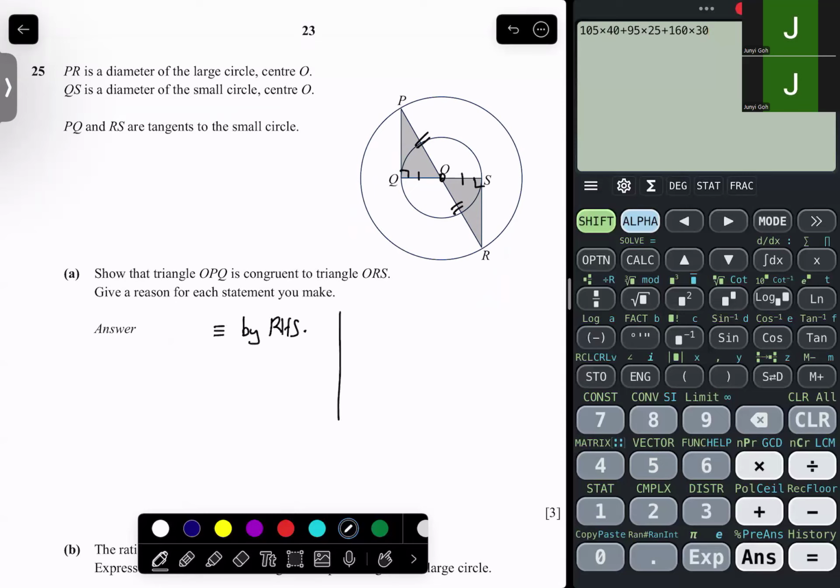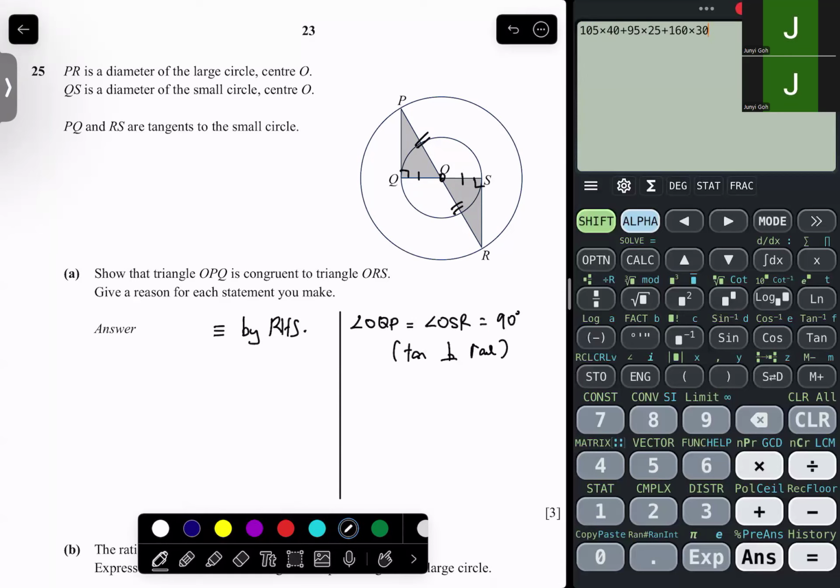Okay, so where is the RHS? Firstly, tangent touch radius, right? So angle OQP equals angle OSR, equals 90 degrees. Reason: tangent perpendicular to radius.